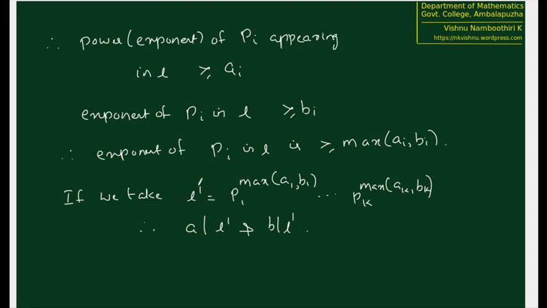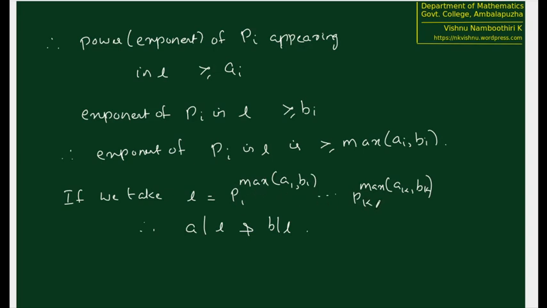So if L is a common multiple, it is necessary that the least power of Pi appearing in L is the maximum of Ai, Bi. Now if we take L to be equal to P1 to the power maximum of A1, B1, etc., Pk to the power maximum of Ak, Bk, note that this is the least power of P1 required in a common multiple.